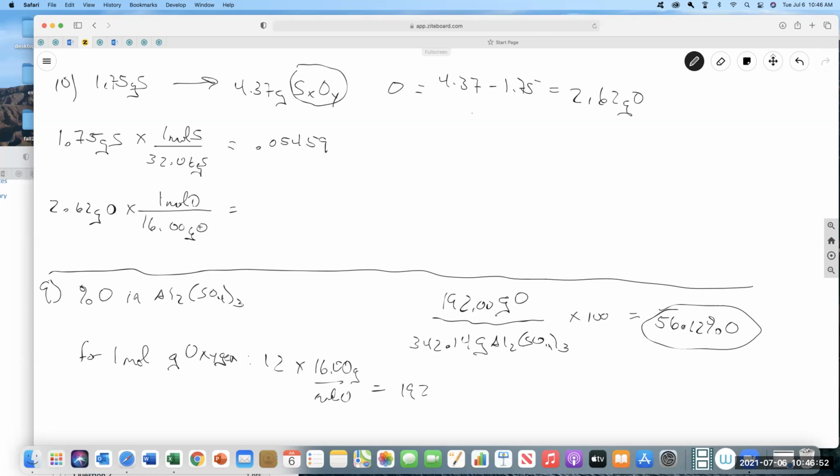And then the oxygen, 2.62. Actually, I carried an extra digit, so 2.62 divided by 16 is 0.164. We'll just call it 0.164.